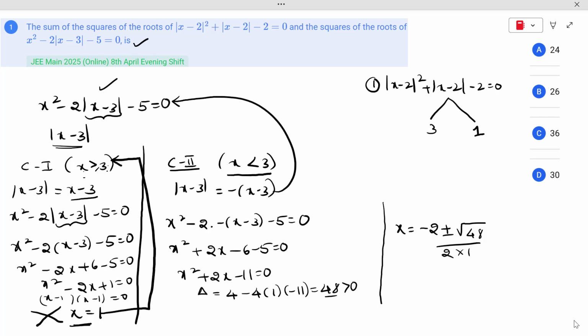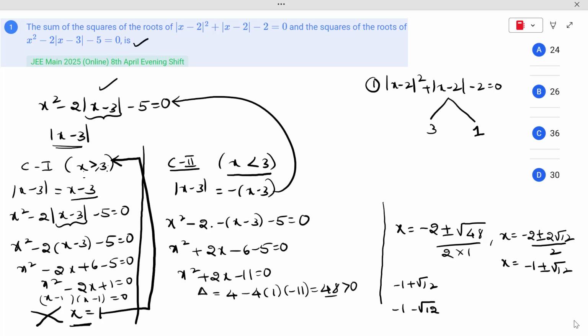So x is equal to minus 2 plus root 48, which can be written as root 12 into 4, root 4 is 2, so 2 root 12, by 2. The 2 gets cancelled, so minus 1 plus root 12. Another root I got is minus 1 minus root 12.